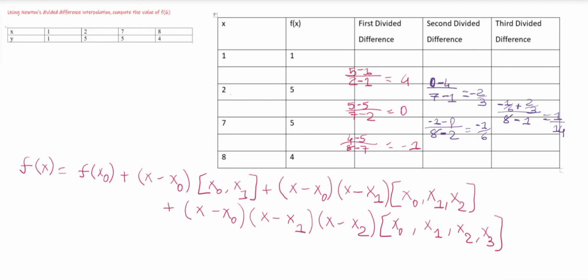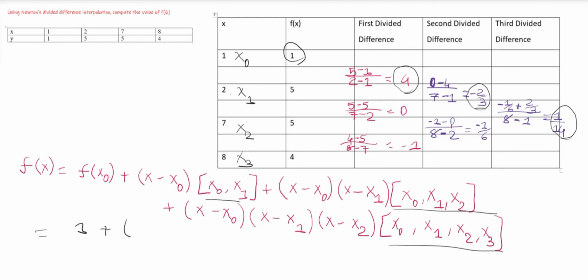Now we just have to input all of these values in our formula. So x naught comma x1 will be 4. Then x naught, x1, x2, the value will be minus 2 by 3. And x naught, x1, x2, x3, the value will be 1 by 14. Our f of x naught, which is the first value of y, will be 1. X is 6 because we have to find f of 6.